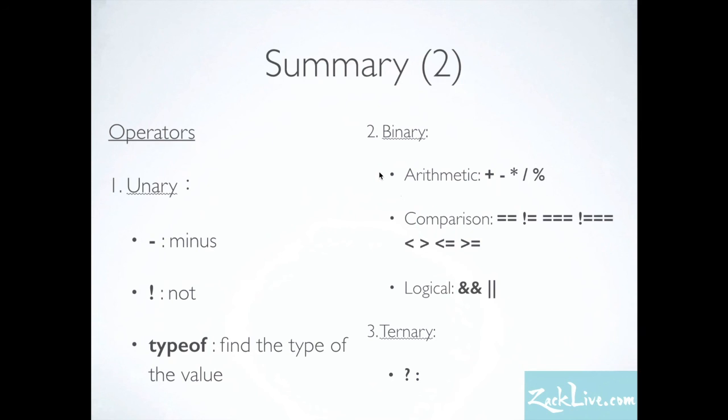The second type is binary, which means it needs two operands. For example, plus, equals to, greater than, and logical operators and, or. The last one is ternary operator. There is only one in this category, which is the conditional operator.